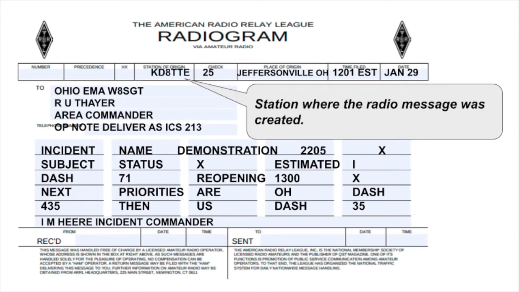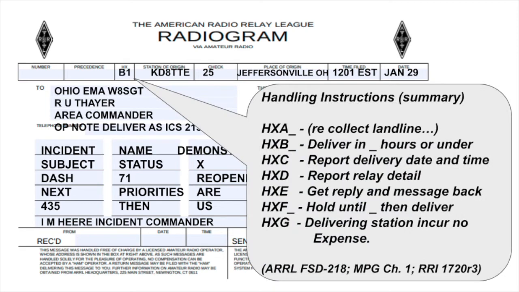The station of origin is the amateur radio station where the radio message has been created. This is where messages about the message will be directed, for example, a notice that the message was delivered. Handling instructions, abbreviated HX, is how we would instruct the delivering operator to confirm delivery. That instruction is Handling Instructions Charlie.